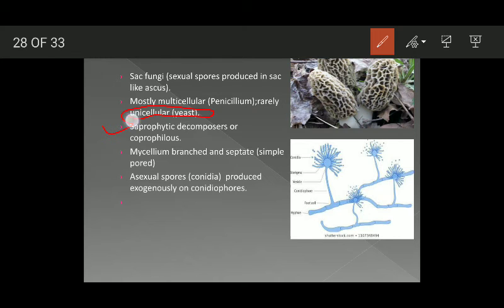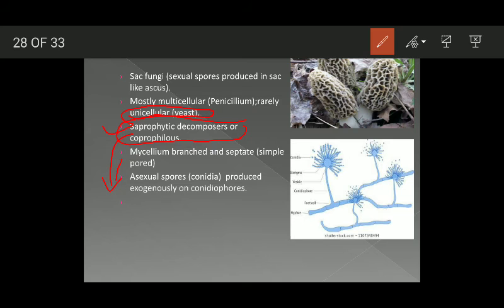Saprophytic decomposers means they obtain organic food material through their general body surface by causing decomposition of the biomass. They decompose the organic matter and obtain the nutrients from it. Or some of these Ascomycetes love to grow on dung.